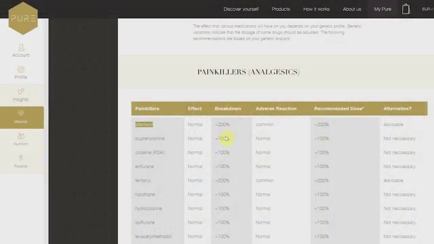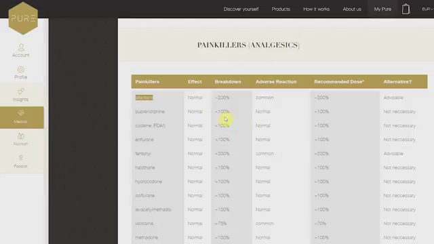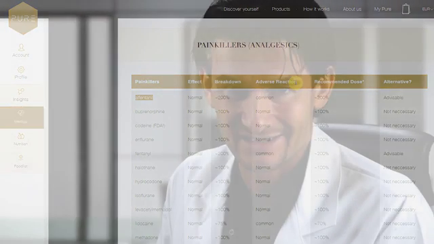So the breakdown essentially tells you how quickly your body is able to clear it or remove it from the body. 100% is optimal, 200% is too fast, and below 100% is too slow. The likelihood of adverse reactions can also be estimated. Now, this only looks at breakdown.